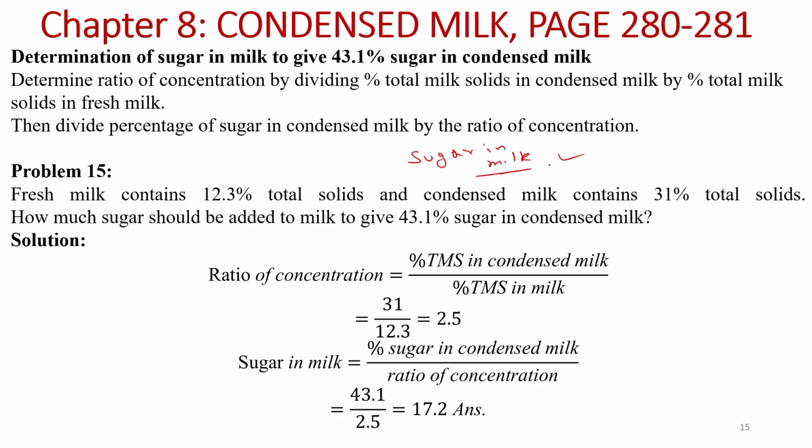Either we will be given percentage sugar in condensed milk and asked percentage sugar in milk, or if percentage sugar in milk is given, then we will be asked percentage sugar in condensed milk. Okay, so this is very simple.